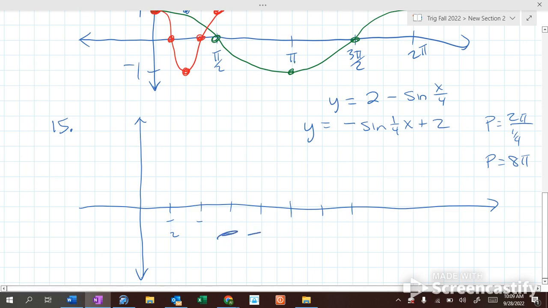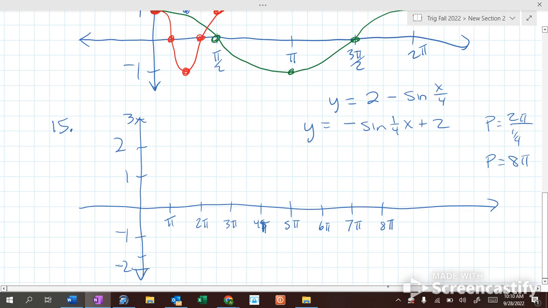So I'm just going to go pi, 2 pi, 3 pi, 4 pi, 5 pi, 6 pi, 7 pi, 8 pi. All right. Then 1, 2, 3, negative 1, negative 2. All right.